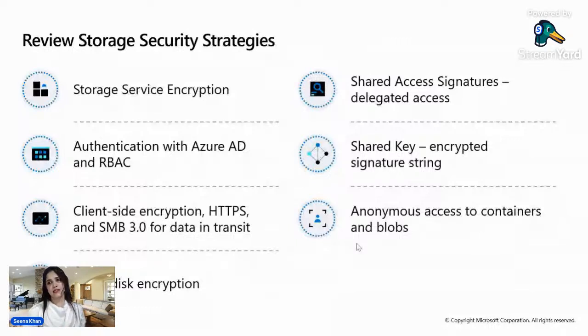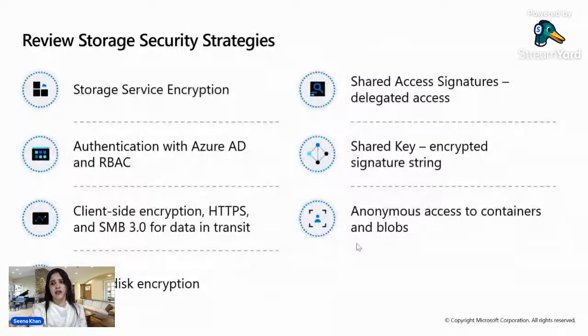Operating system disk and data disk used by Azure virtual machines also can be encrypted by using Azure disk encryption. And the next one is shared access signature. We use it for delegating access to the data objects in an Azure storage account, which can be granted by using a SAS or shared access signature.